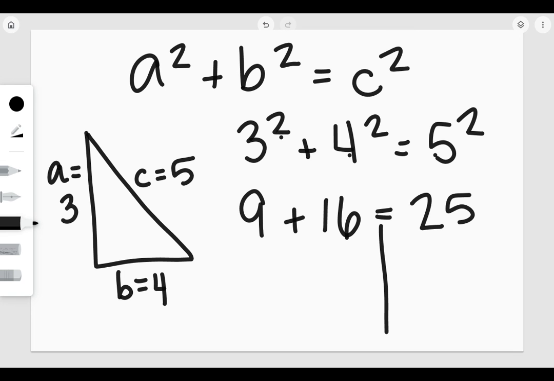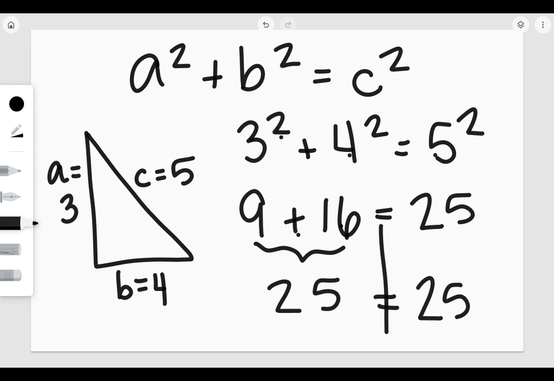I'm trying to make my left side equal my right side. Is 9 plus 16 equal to 25? If we count on 9 from 16, we find that yes, it is 25, and 25 is equal to 25. So these side lengths, A of 3, B of 4, C of 5, all work together to prove the Pythagorean theorem: side A squared plus side B squared equals the hypotenuse C squared.